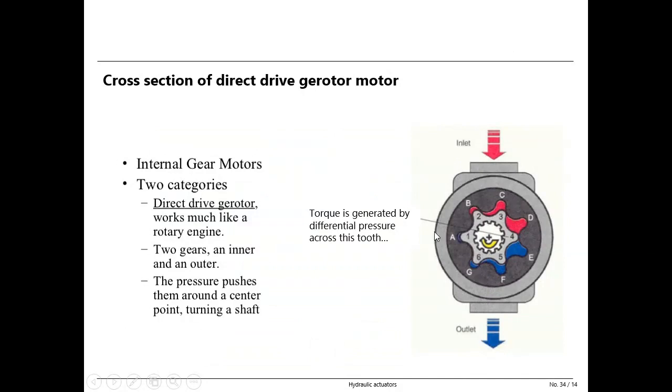It's not a gear, but a different profile, which works in connection. So the internal gear motor has two categories: direct drive gear rotor, or here it works much like a rotary engine, with two gears, inner and outer, and the pressure pushes them around the center point, turning a shaft. So the shaft is turning, and torque is generated by the differential pressure across these tools.